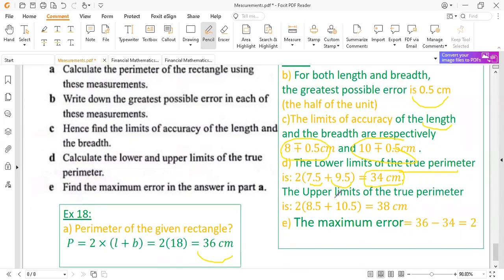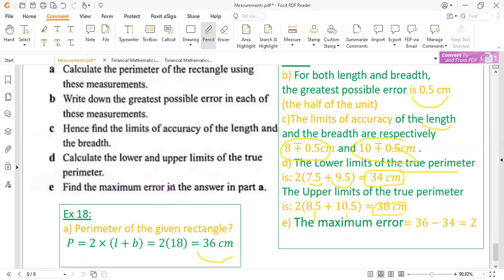To evaluate the upper limit of the true perimeter, we use only the upper length and the upper breadth. So it is 8 plus 0.5 and 10 plus 0.5 to obtain 38 centimeters.